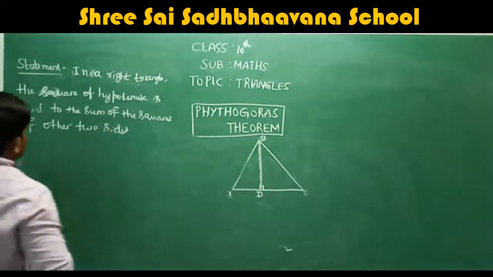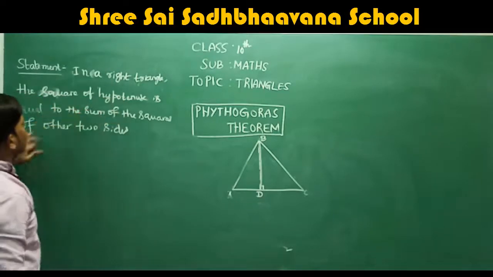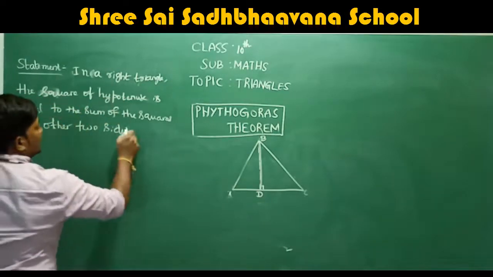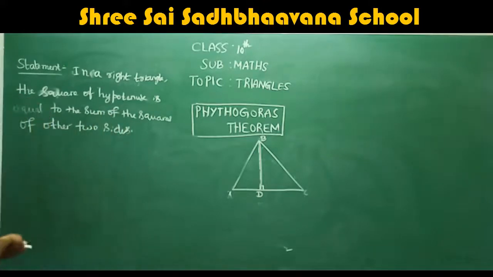In a right triangle, the square of the hypotenuse is equal to the sum of the squares of the other two sides. I'll just repeat the statement: in a right triangle, the square of the hypotenuse is equal to the sum of the squares of the other two sides. This is the theorem statement.